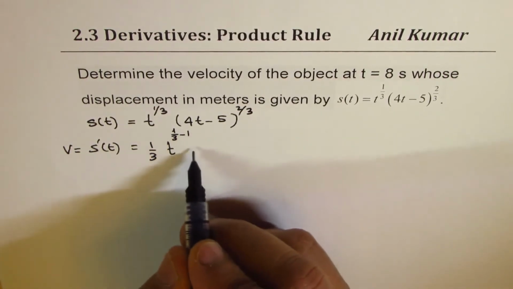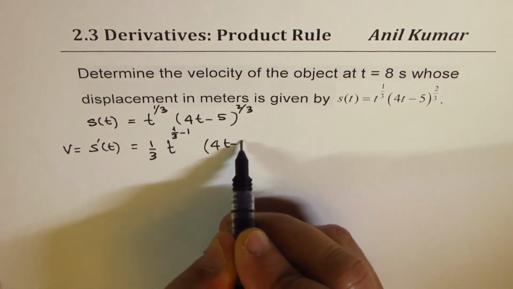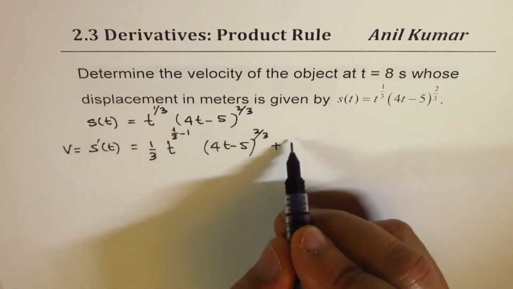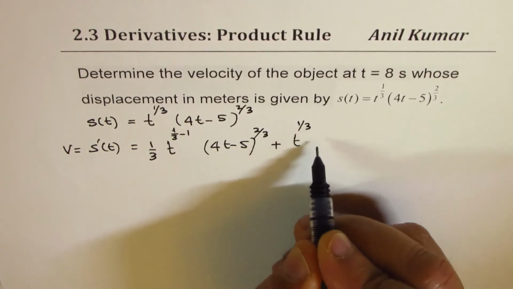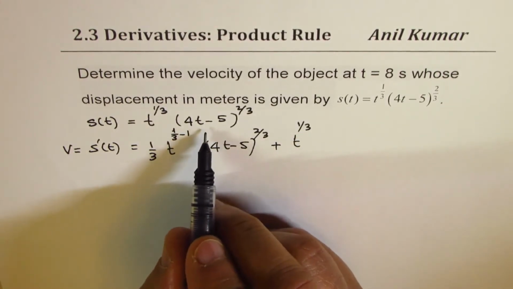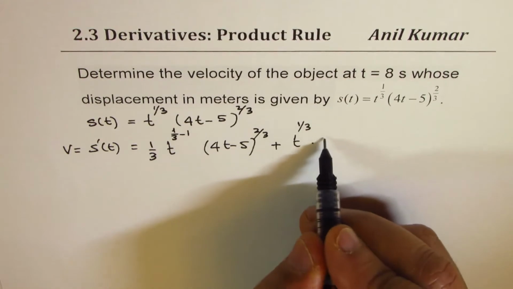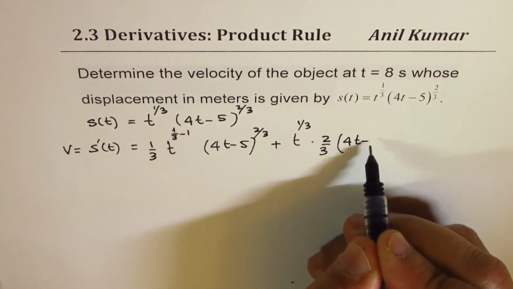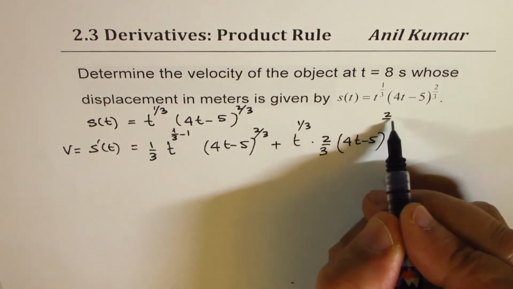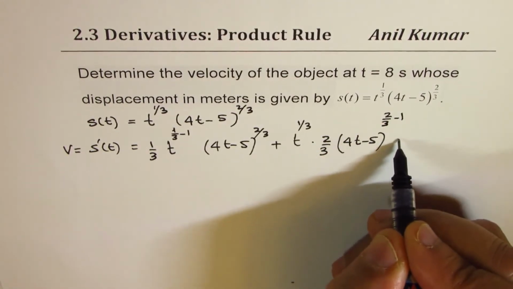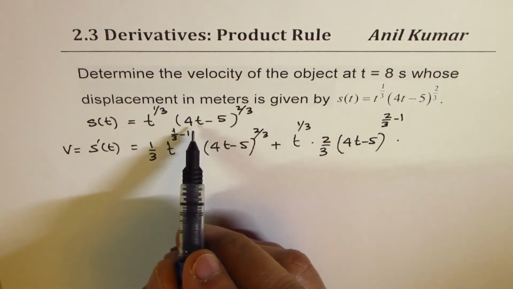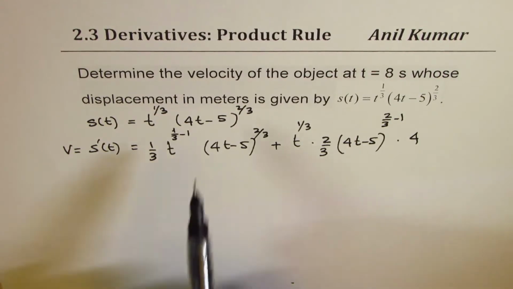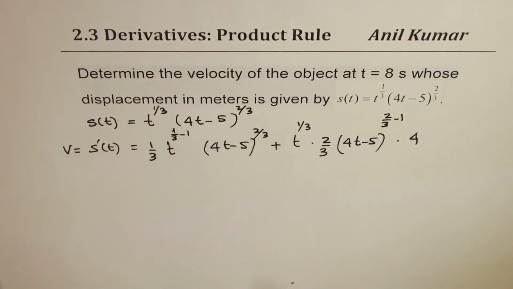So I'll do this separately, times (4t minus 5) to the power of 2/3, plus the first function, which is t to the power of 1/3, times the derivative of the second function, which is 2/3 times (4t minus 5) to the power of 2/3 minus 1, times the derivative of the inside function, which is 4, right? So that is very important. So don't forget to write the derivative of the inside function, correct?